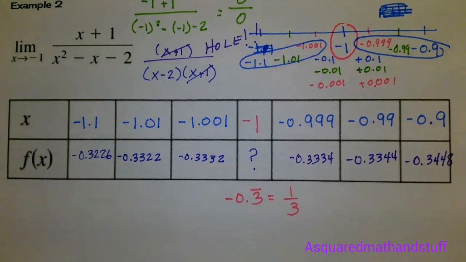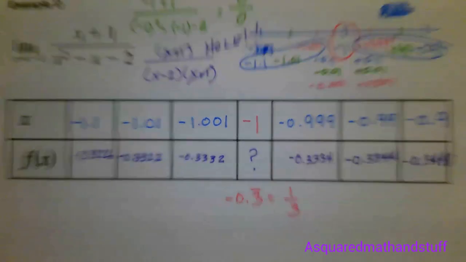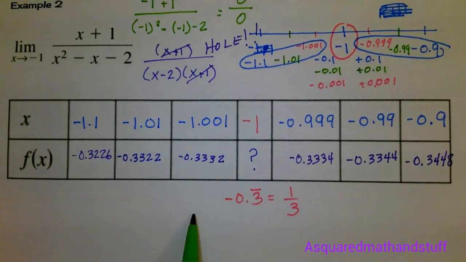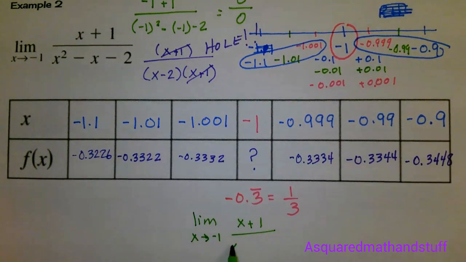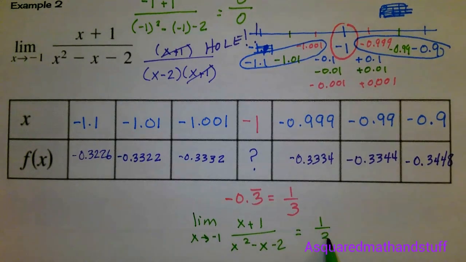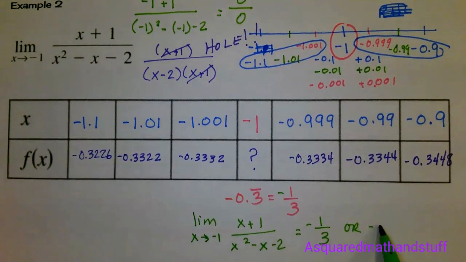So our limit as x approaches negative 1 of x plus 1 all over x squared minus x minus 2 is equal to negative 1/3, negative 0.3 repeating.